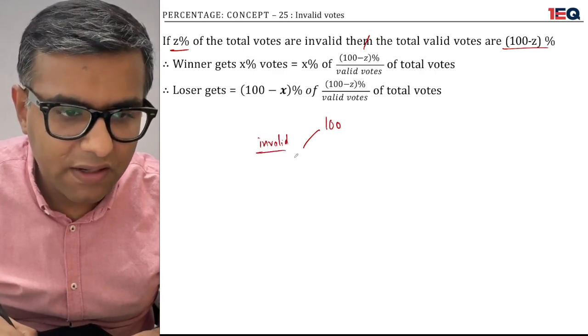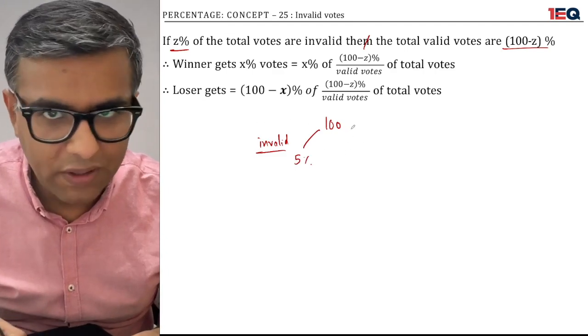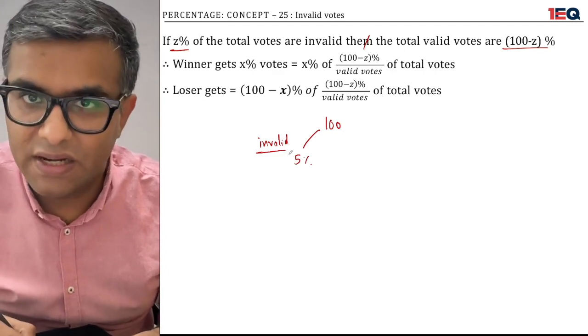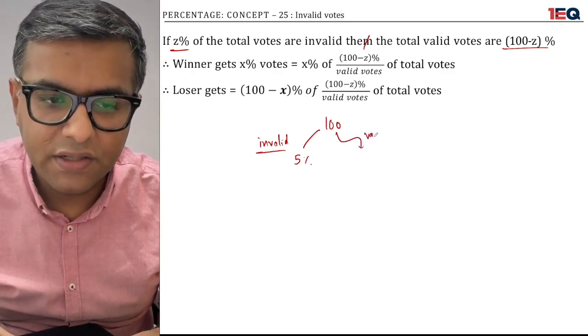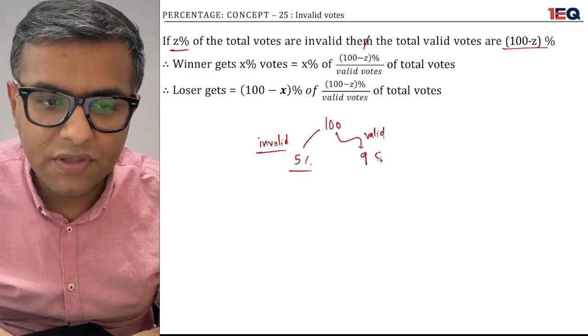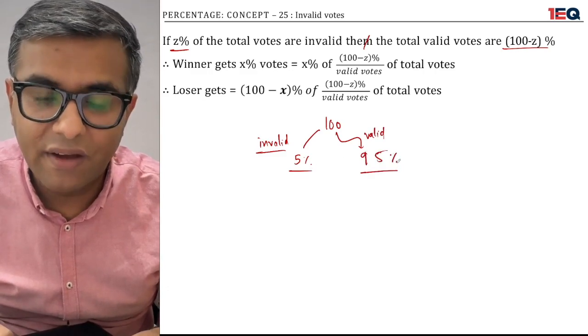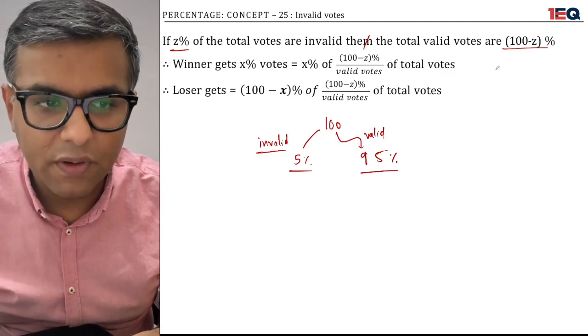Let's say 5% votes were declared invalid, so no election would happen on the invalid votes. All the votes should be valid, and the election would shift its focus from the 5% votes to the 95% votes which are now declared valid by the commission, by the conducting body. So this is what we're talking about.